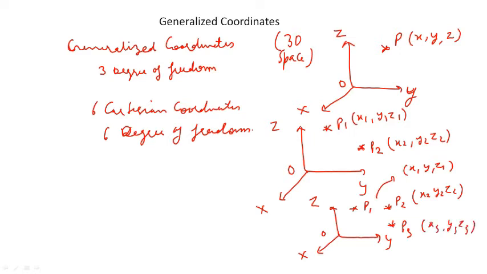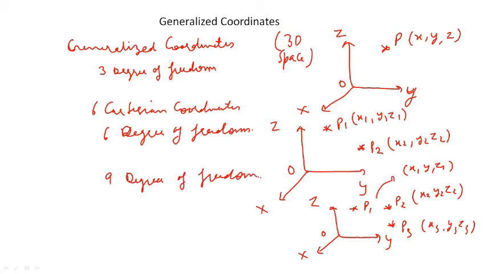So here, if you have to define this dynamical system which is moving freely in this three-dimensional space, then you know that there will be the requirement of 9 Cartesian coordinates, or here you will have 9 degrees of freedom for this dynamical system.